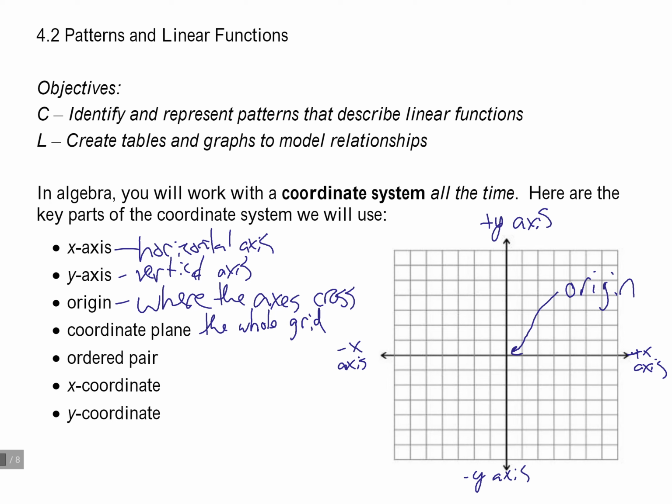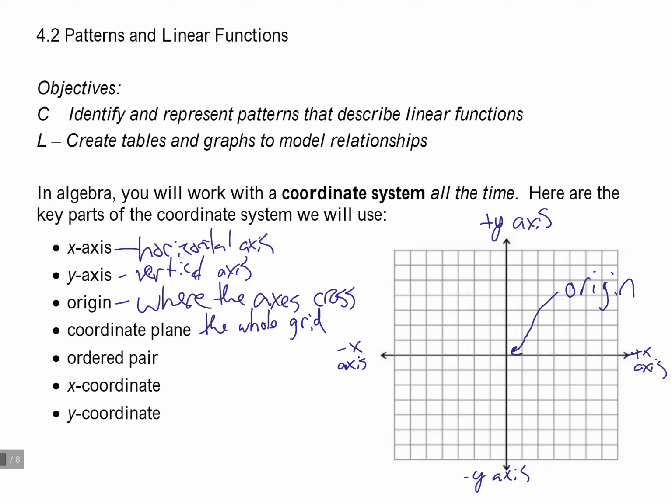The axes extend forever in every direction. And that means that this grid also extends forever in every direction. Even though we only see this little bit of it, it does not stop where it stops on this page. So when I say the whole grid, I don't mean just what you see, I mean everything. It's infinitely huge.